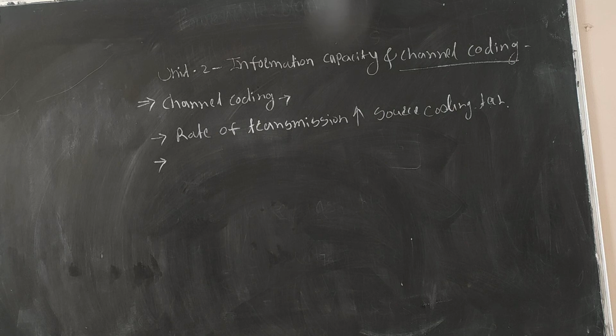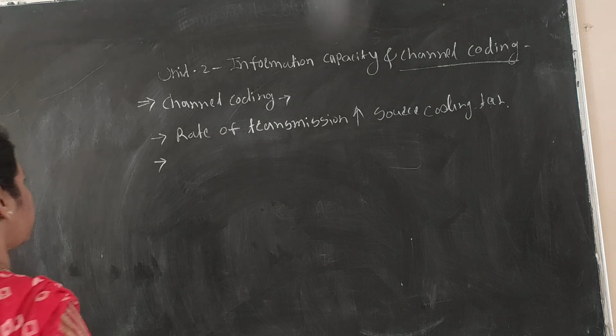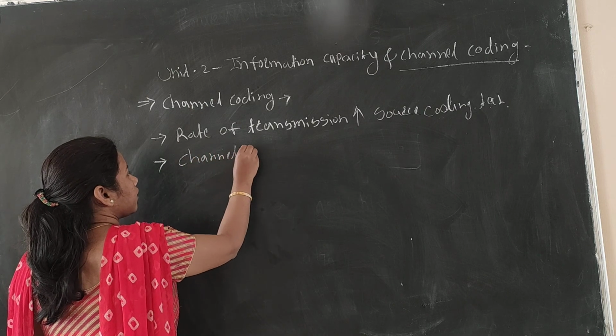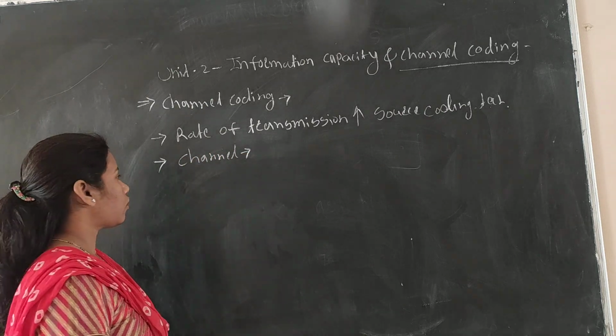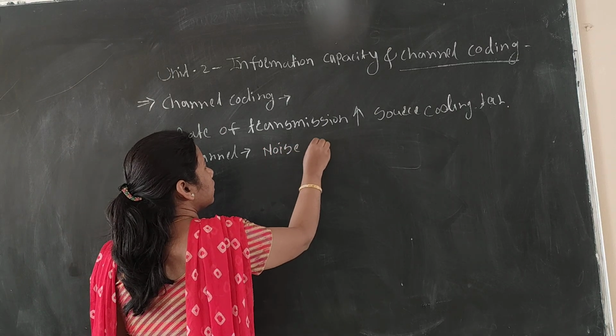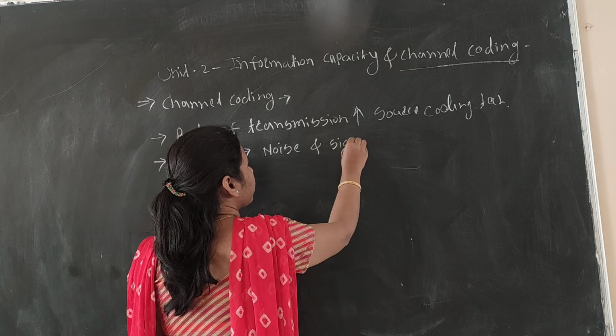As this information is transmitted over a channel, we need to take the effect of noise and bandwidth into consideration. When we are going for the channel, we have to consider the effect of noise and the signal to noise ratio.